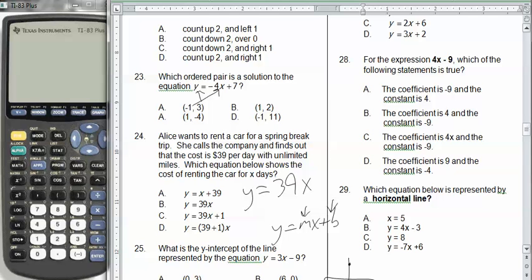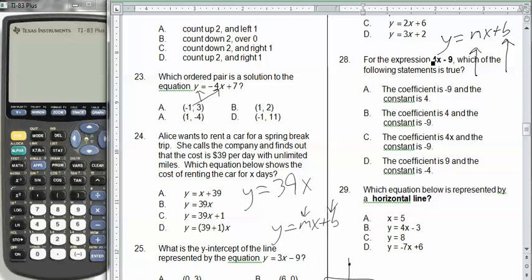All right, 2 more on this page. For the expression 4x minus 9, which of the following statements is true? So we've been talking about y equals mx plus b, but also the number in front of x, in front of the variable, is called a coefficient. The number that doesn't have a variable is called the constant.